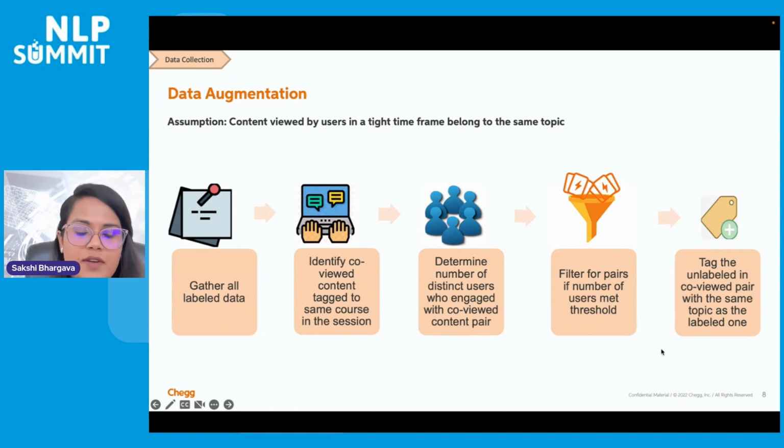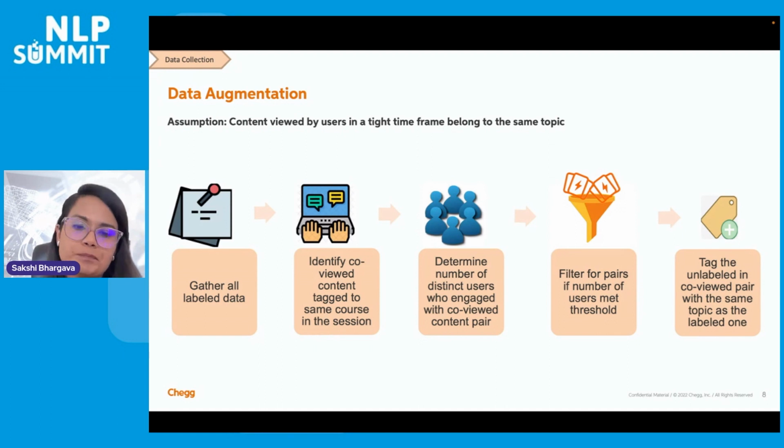When any content is viewed close together in the same session and falls under the same course, we call them co-viewed content. Of this co-viewed content pair, one is labeled and the other is unlabeled. We rank these co-viewed pairs based on their popularity, and by popularity I mean the distinct number of users who are viewing this content.